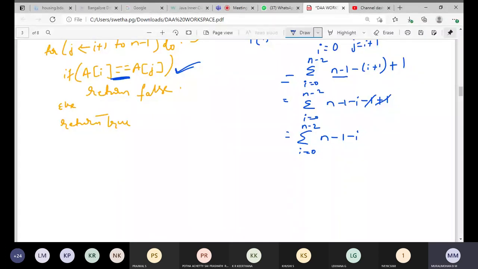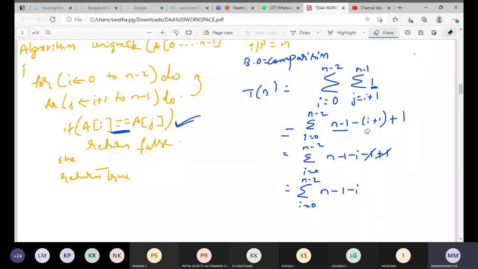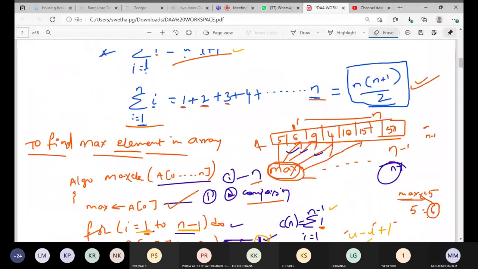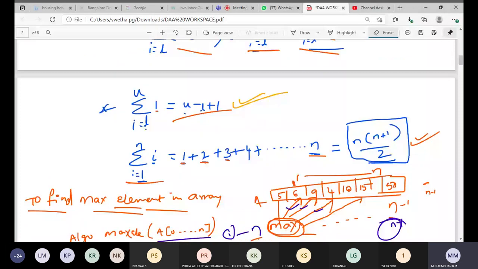Now you see we have the form I is equal to 0 to n minus 2 of n minus 1 minus I. Minus I is there. If it is like this, which formula should we use? If I is there, what should I do?